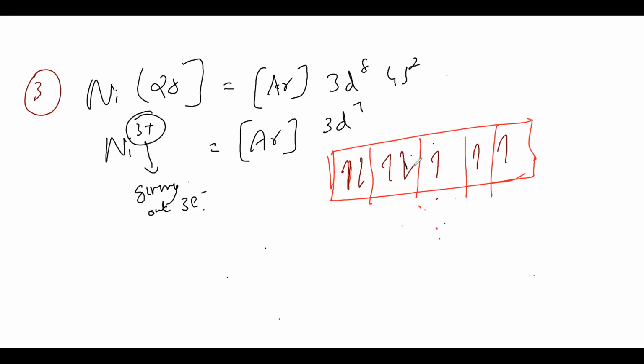How many are there? 3 unpaired electrons are there.